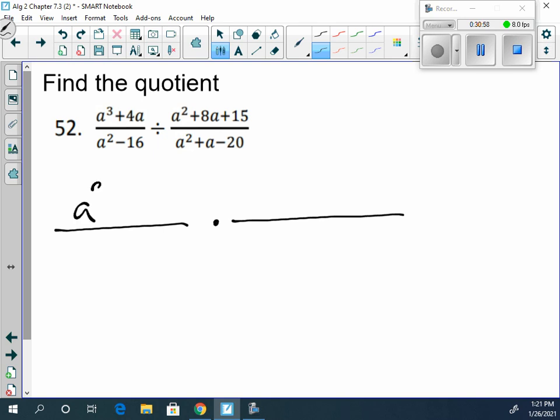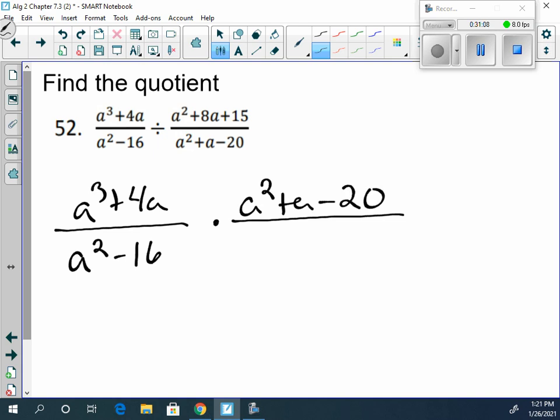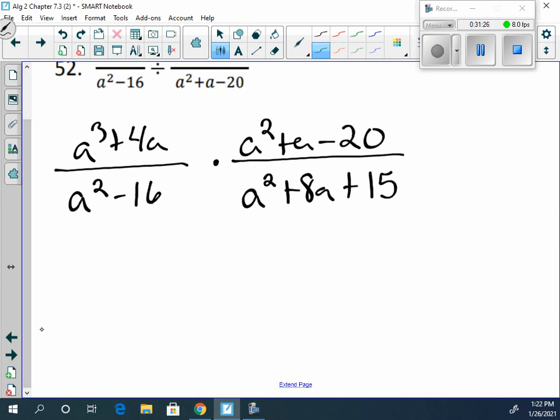So we'll have a cubed plus 4a, a squared minus 16, a squared plus a minus 20, a squared plus 8a plus 15. Because again, when we do this division of rational expressions, we're really taking it from division, rewriting it as multiplication, and then going from there.